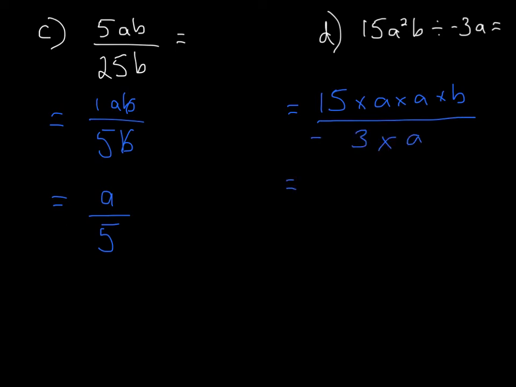And the reason I've written that out is so that you can see a divided by a, we can cancel one of the a's off. 15 divided by negative 3, we'll go 5 times, that'll cancel off, become 1. So we're left with negative 5ab, all over 1, but our final answer is going to be negative 5ab.